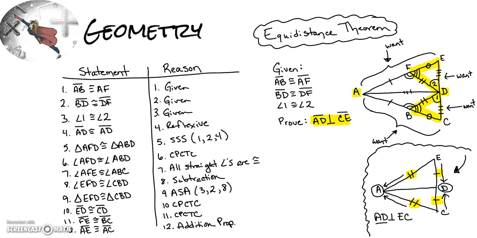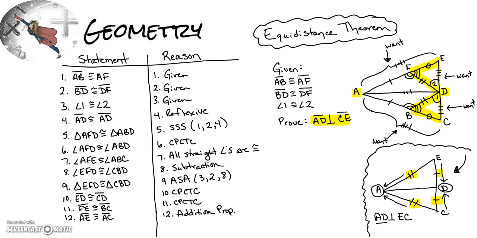And then, so that's what we wanted. I'll put like 4 marks right there and right there. And now that we have everything that we planned ahead of time that we wanted to have congruent, we have our prove statement, which was saying AD is perpendicular to CE.